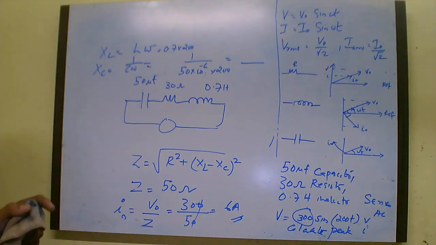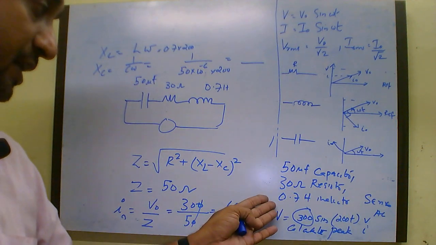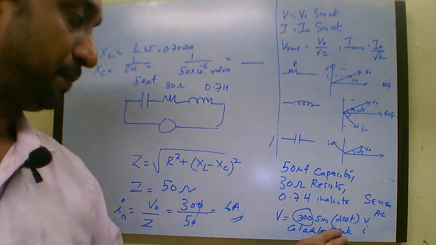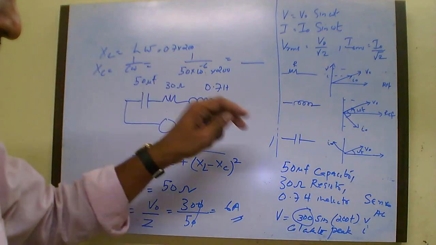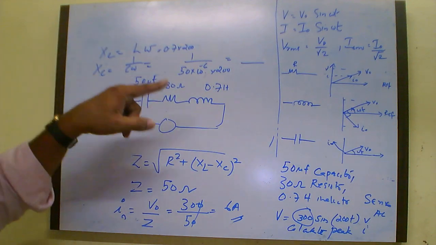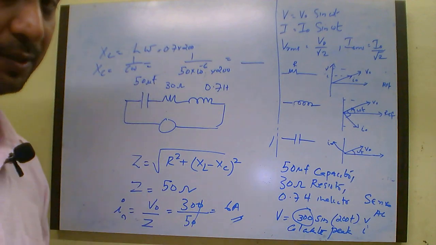So this is how you have to solve, because this is not a direct resistive circuit. Capacitor is given, inductor is given, applied voltage is given, and you have been asked to find the peak current. Unless you find XL, then XC and the Z value, you won't be able to solve this question.